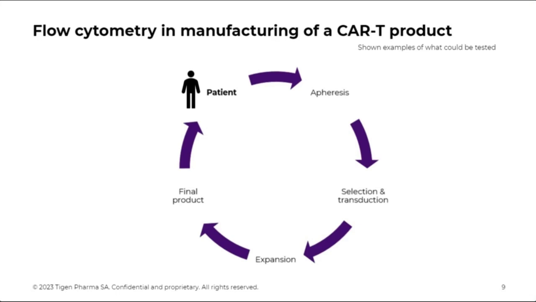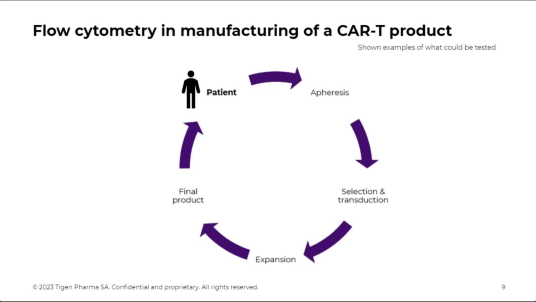That provides the starting material, the blood. We call that apheresis. After that, we select and transduce the T cells in there to express the CAR. They are expanded in the incubators, and finally we get the final product, which is then given back to the patient.